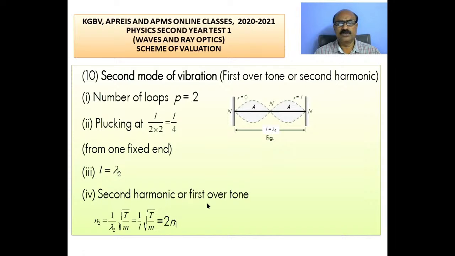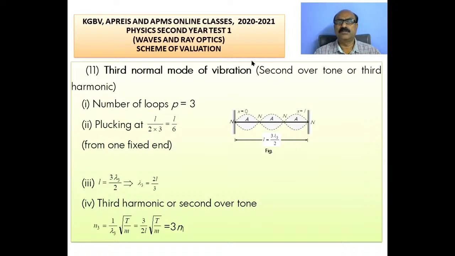After substituting the value of lambda and the value of v, you will get the new frequency. N2 is equal to 1 by lambda 2 times root T by M, that is equal to 1 by L root T over M, that is equal to 2 times the fundamental frequency.